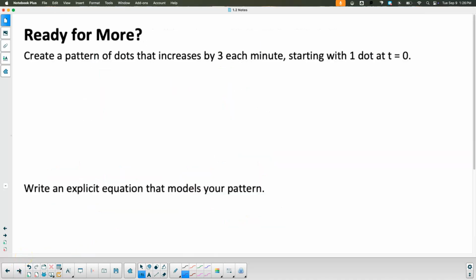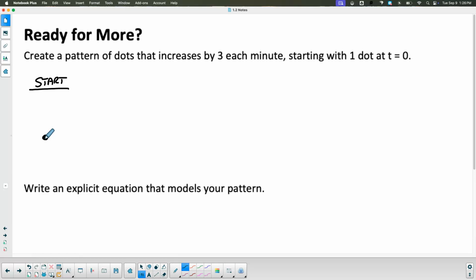You individually now come up with a pattern of dots that increases by 3 each minute, and you start with 1 dot. So everybody's starting pattern is going to be that, because everybody starts with 1 dot.